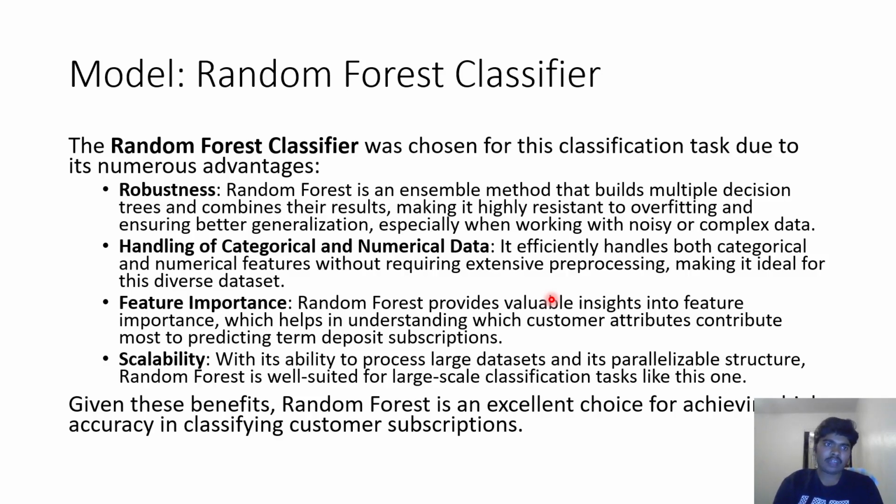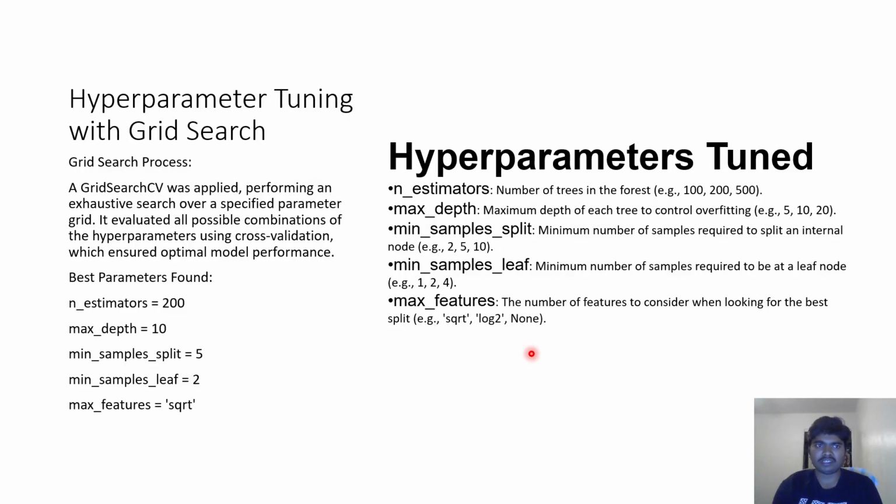Here are the reasons: robustness and handling of categorical and numerical data, and feature importance. The random forest gives more importance to the features, and it has scalability with the ability to process large data sets. As I was given a huge data set, that would be easy in the random forest classifier. So these are the benefits because of which I chose it for achieving higher accuracy. And then hyperparameter tuning with grid search.